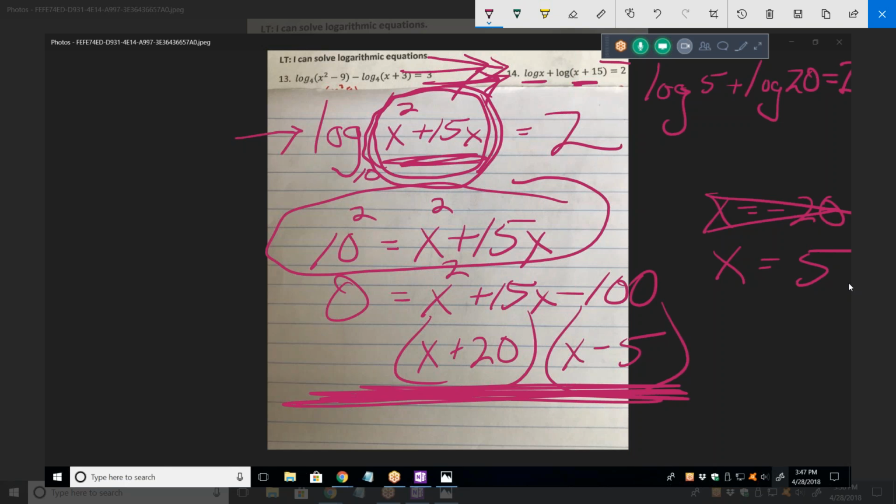I cannot say that original number 14 is equal to this, because they're not equal. They have different domain restrictions. So always check by the original. Always, always, always. Never check with the first step. They could give you different answers. You won't get the right answer if you do. Always have to go back to the original.